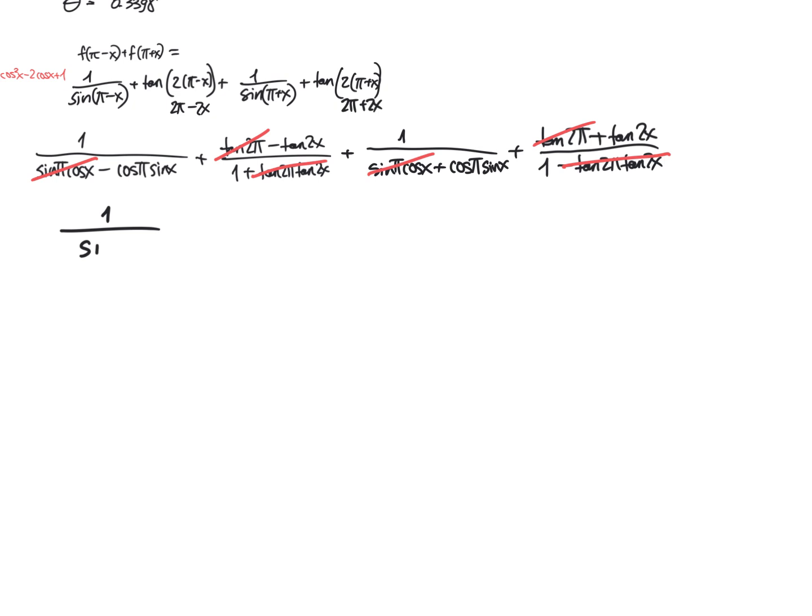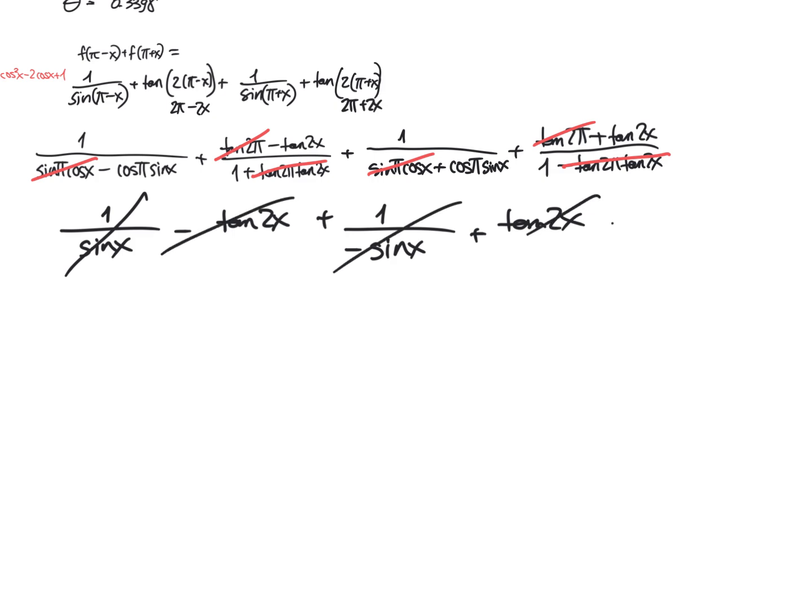So this is 1 over sine x, and then minus tangent 2x plus 1 over negative sine x, because cosine pi is -1, plus tangent, oh thank goodness. Okay, this and this cancel, this and this cancel, so 0.